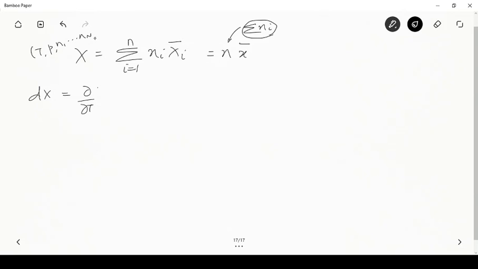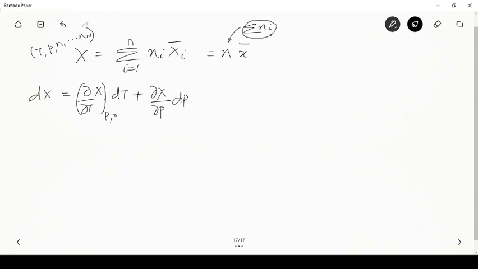Okay, so when I differentiate with respect to each of them, I'll write this del x by del T into dT plus del x by del P into dP, where what is kept constant can be written here.